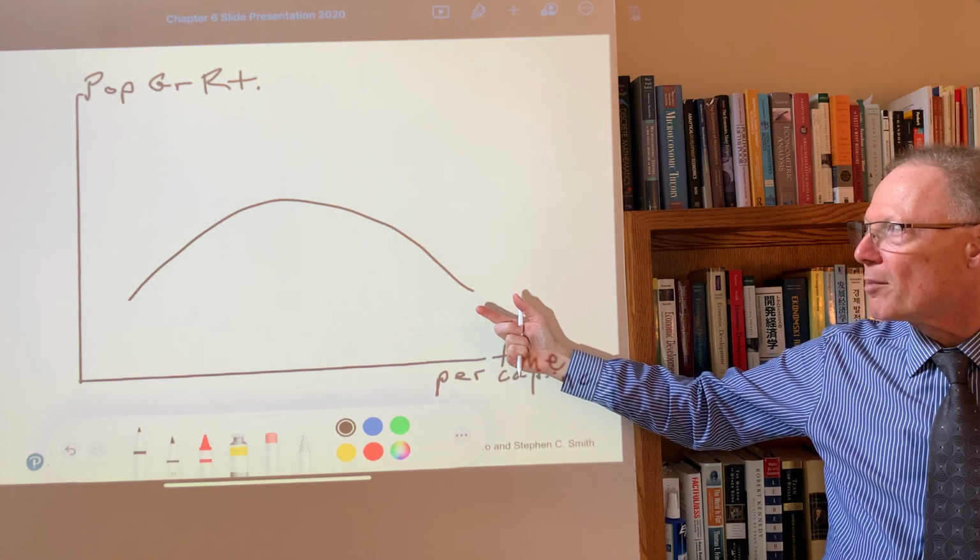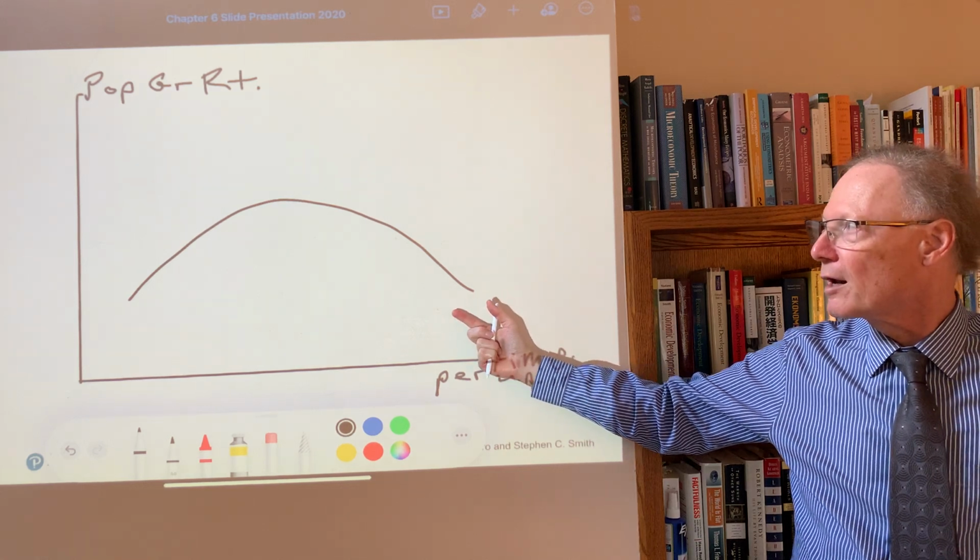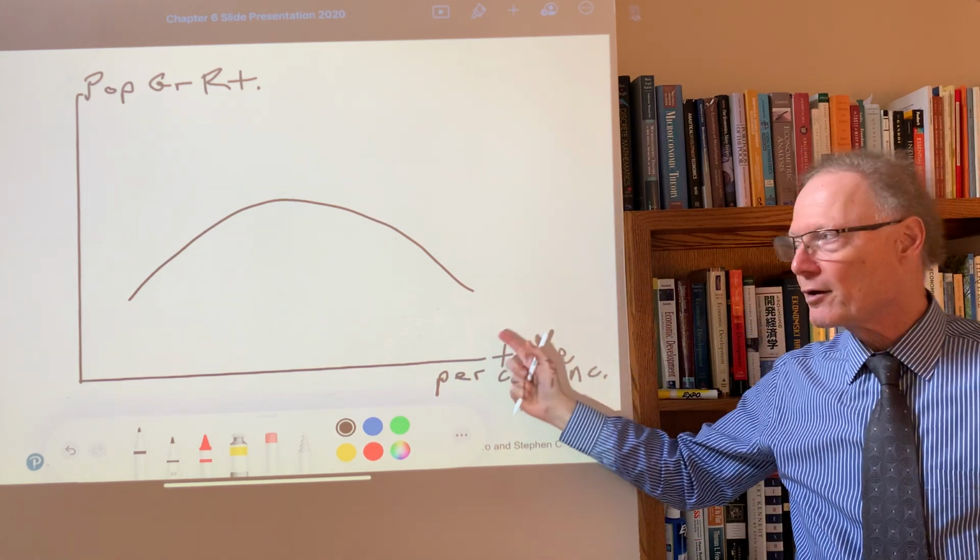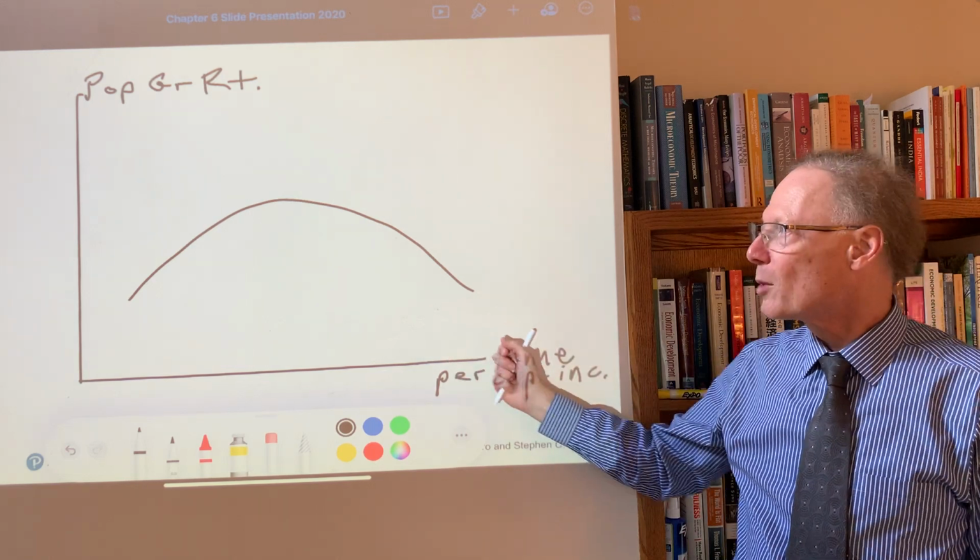Notice here we're talking about population growth rates, certainly not necessarily population, though that could occur later on as well.